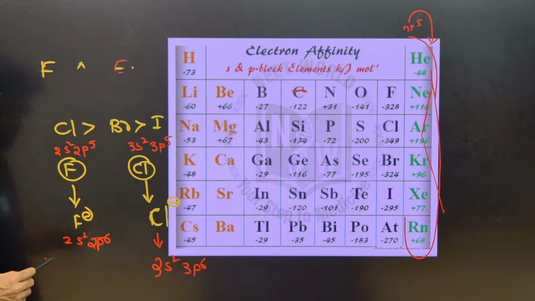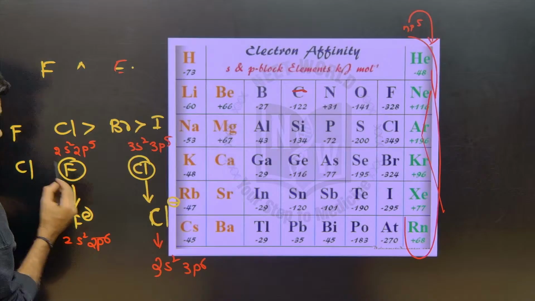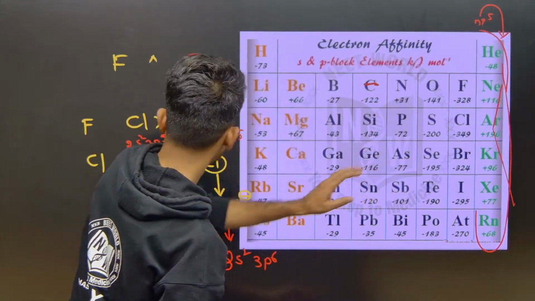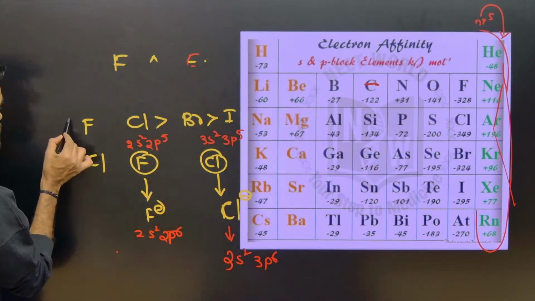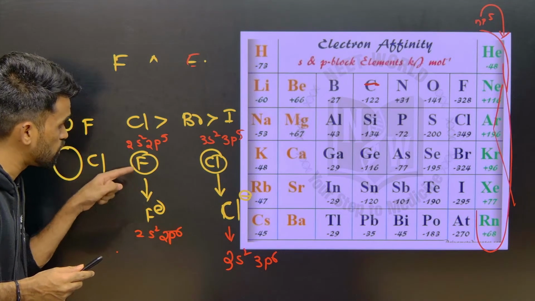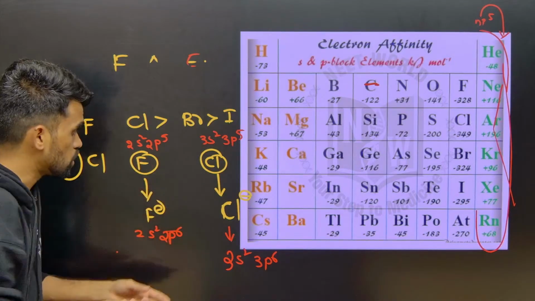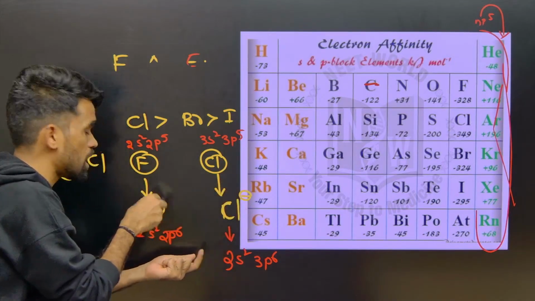See, if you properly look into it, fluorine and chlorine, which is having larger size? Since fluorine is smaller and chlorine is larger, the electron gained will be stable in which case? The chloride ion is more stable when we compare with the fluoride ion.